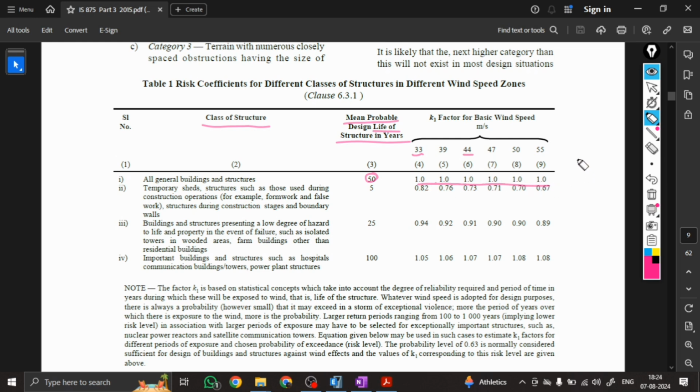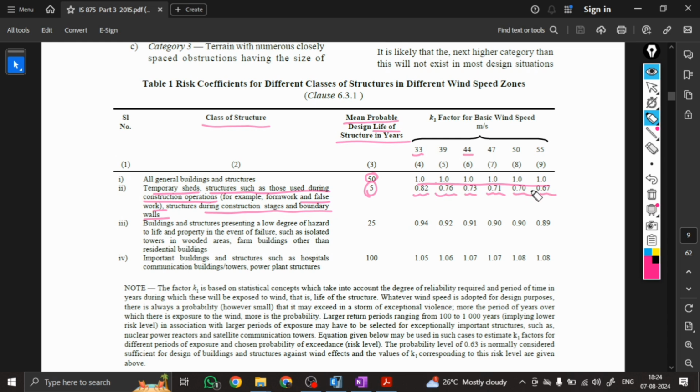If you have temporary sheds or structures such as those used during construction operations, for example form work and false work, structures during construction stages and boundary walls, that life is only 5 years. So for 5 years, according to wind speed, we have to take these values.